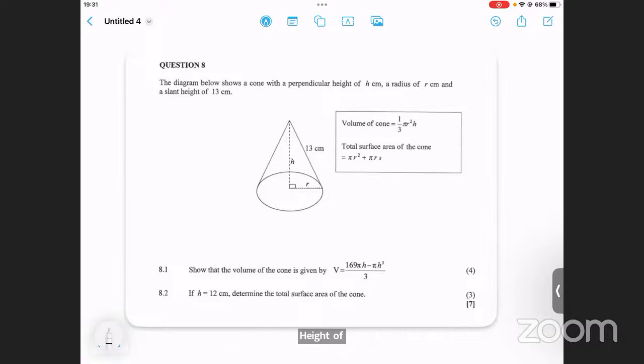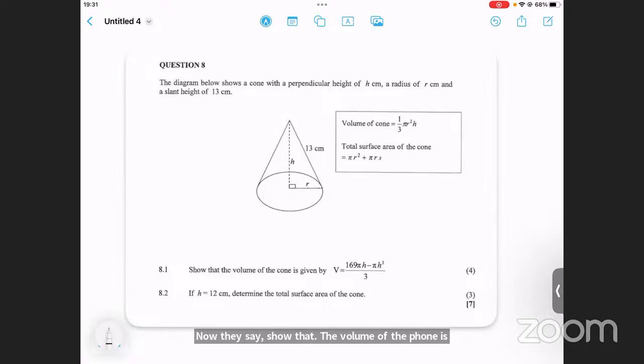You are given two formulas. The volume of the cone, 1/3 pi r squared h. Total surface area of the cone, it is that. There you're given the formula. Now they say, show that the volume of the cone is given by that.